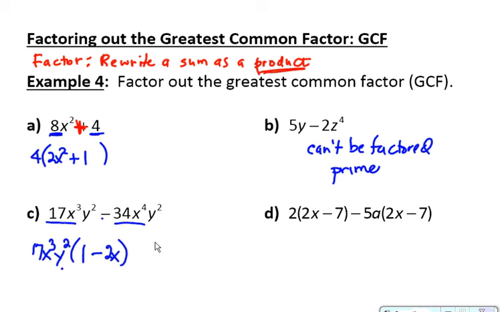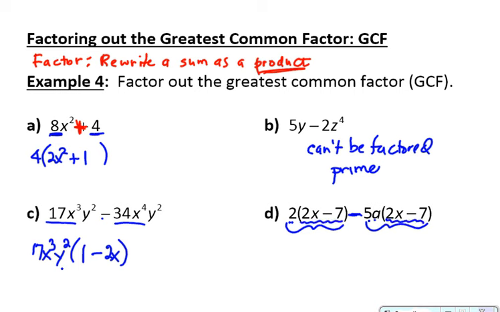D looks a little bit different, but again, when I separate, here's my subtraction. When I separate my terms, those are my 2 terms. When I look to see what they have in common, is there a number that goes into both of these? No. And is there a variable? No. But what they do have alike is the parentheses.